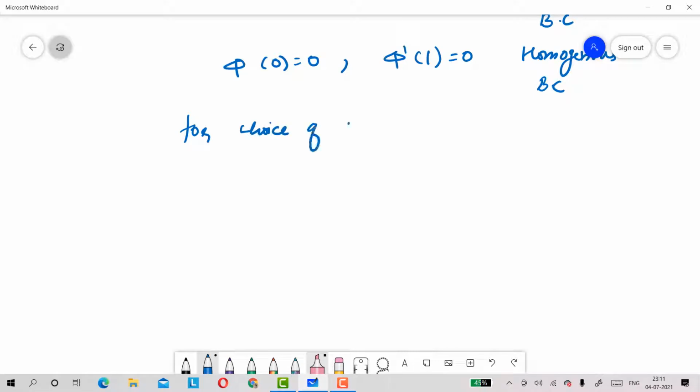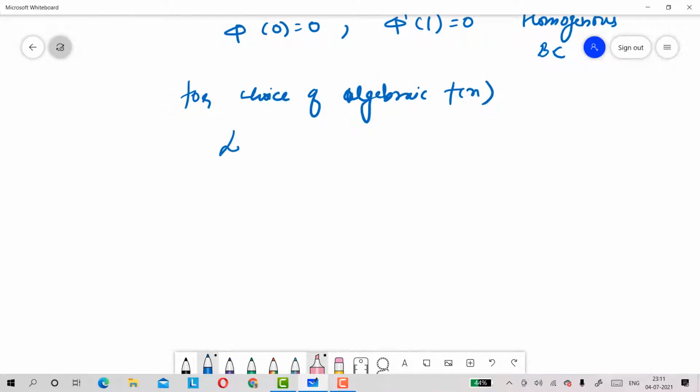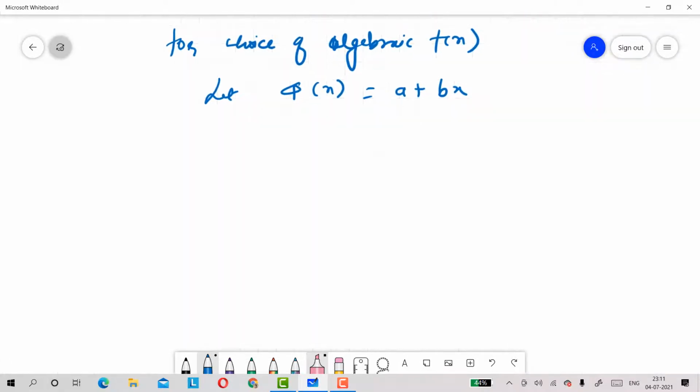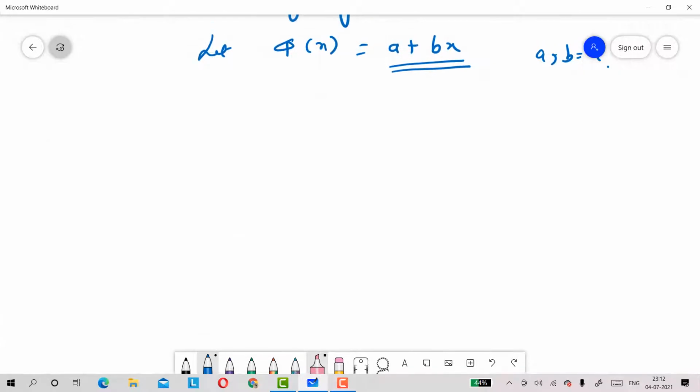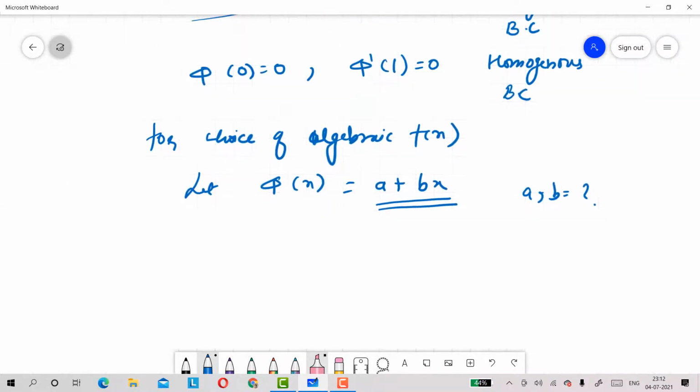Okay, so for the choice of algebraic function, we have chosen a plus bx. So we have chosen a polynomial function, then we have to find a and b to find the weighted function. Everything will be clear when we solve this question.